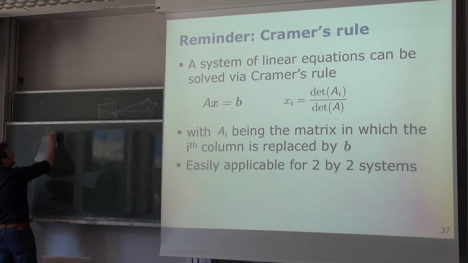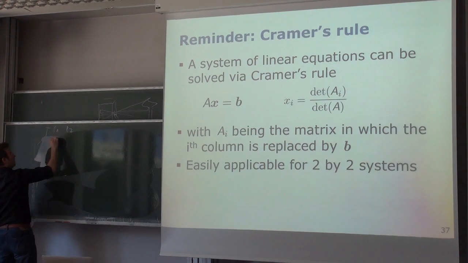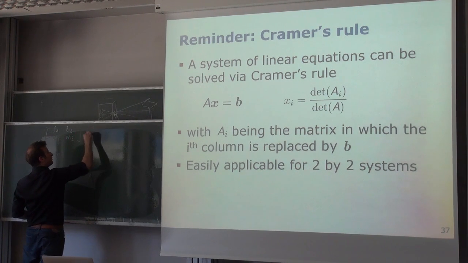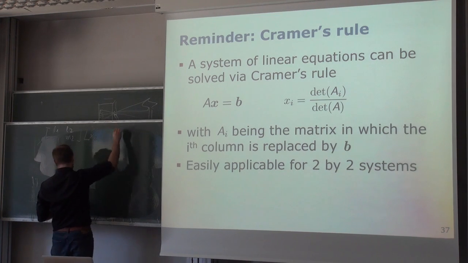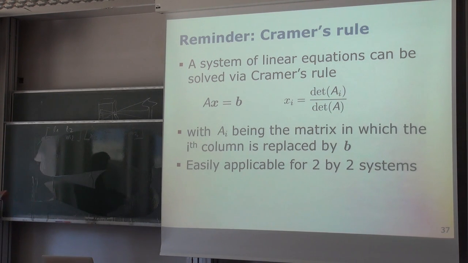So what I basically have is the matrix with rows L1, L2 and M1, M2, times x1, x2, equals minus L3, minus M3. This is what I want to solve.